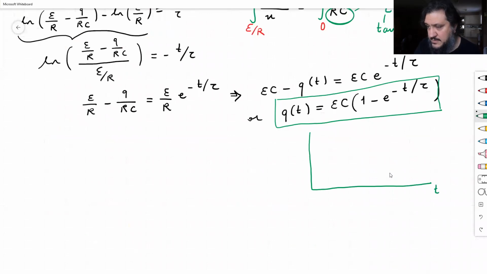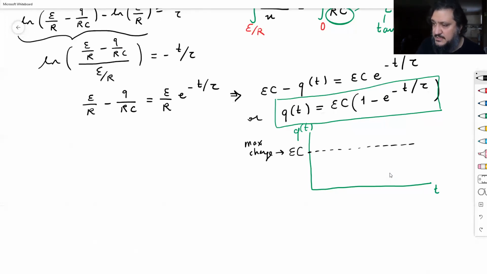This is time, this is Q as a function of time. So here I have that E times C as my maximum charge. Maximum charge.